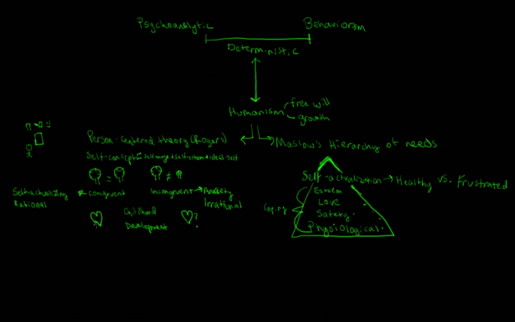Unconditional love is where your parents separated your behavior from affection that you received. So if you acted out or misbehaved, your parents still tried to correct and fix your behavior, but at the same time, they still let you know that they loved you no matter what. And this led to someone becoming congruent.